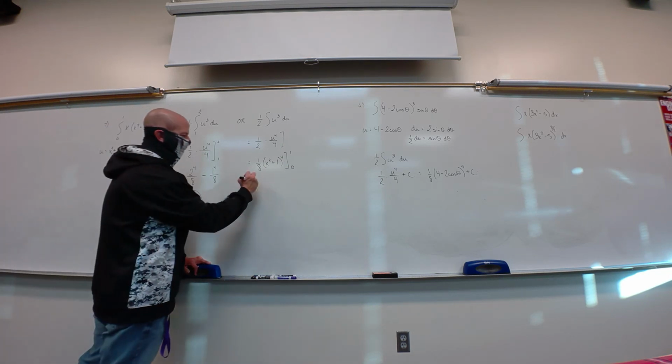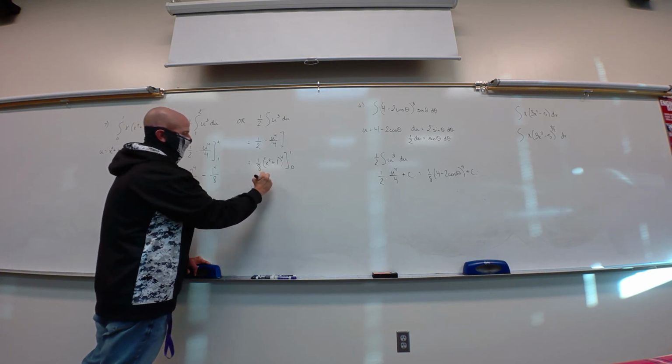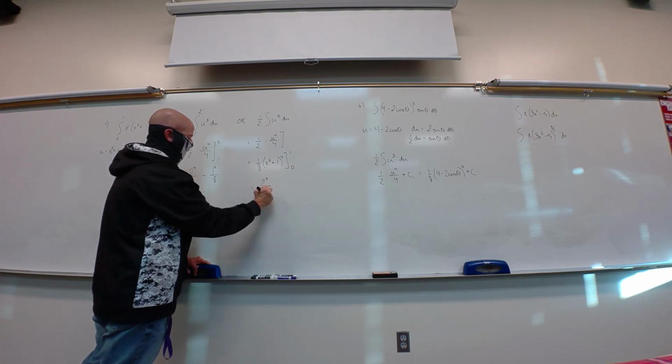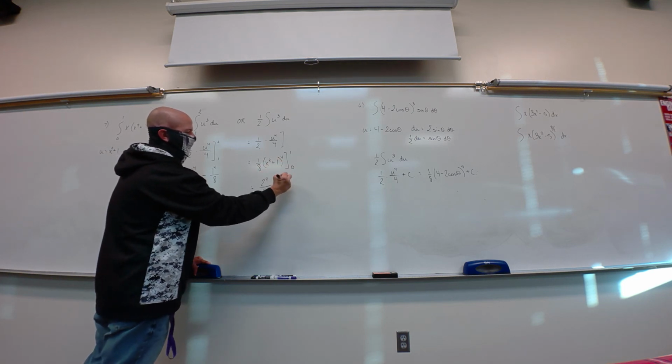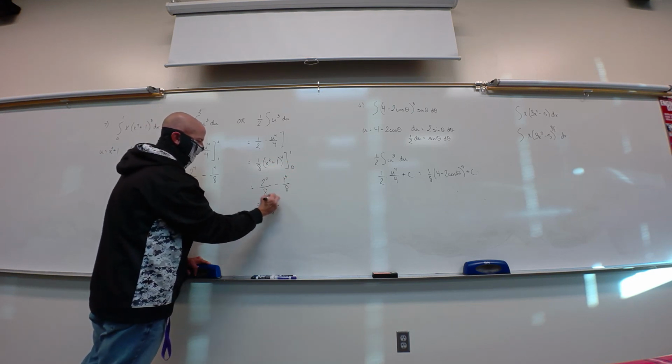Substitute in. That would be 2 to the 4th over 8, since 1 plus 1 is 2, minus 0 plus 1 is 1, so 1 to the 4th over 8. Back to the 15 eighths.